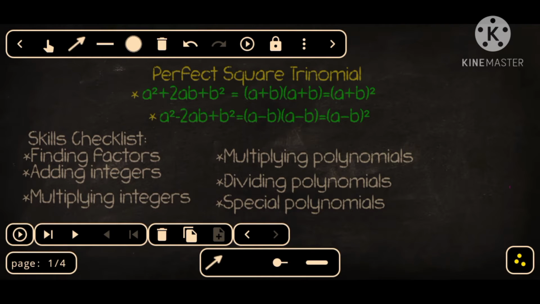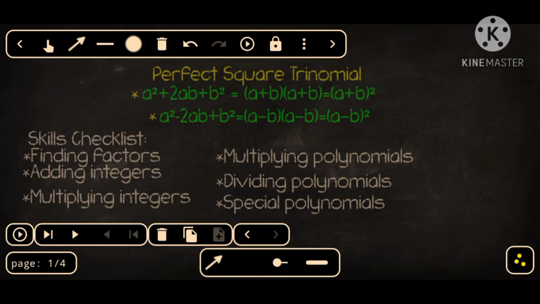Good day everyone. For today's video, we'll be discussing another technique in factoring polynomials, which is a perfect square trinomial. A perfect square trinomial is any trinomial that is the result of squaring a binomial.